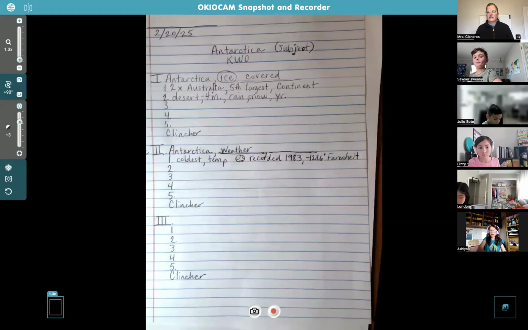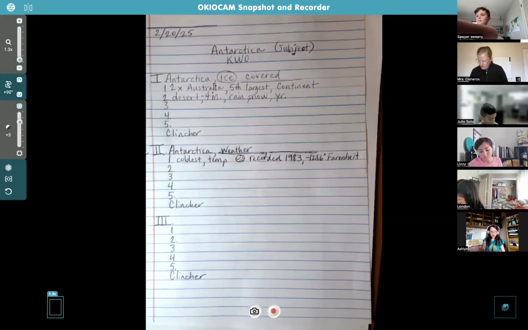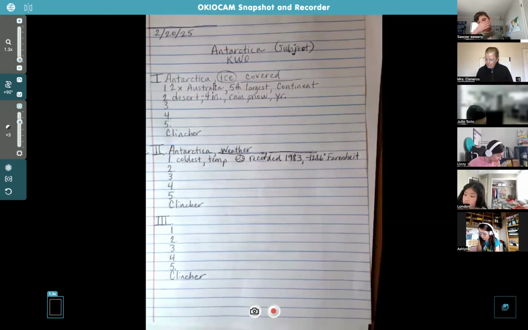Magnifying glass? Oh yeah, a magnifying glass. And then I took fish because I knew that's what they eat. Okay. And then I made a sun for summer, and then I put a skate, and then I put wind. Oh, good. I like that. Very good, Ashlyn. Nice job.